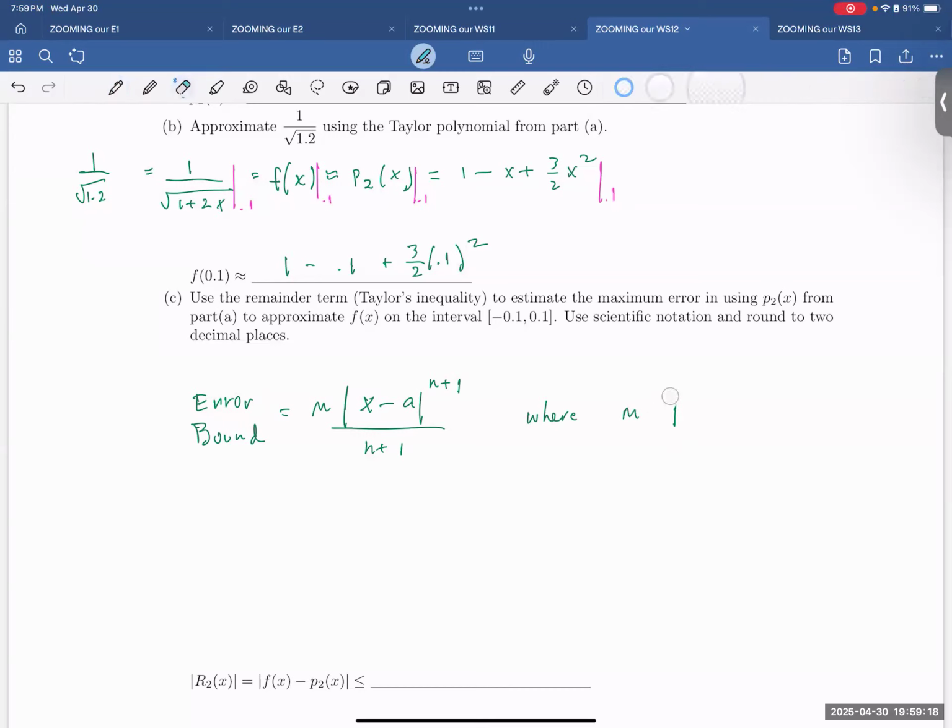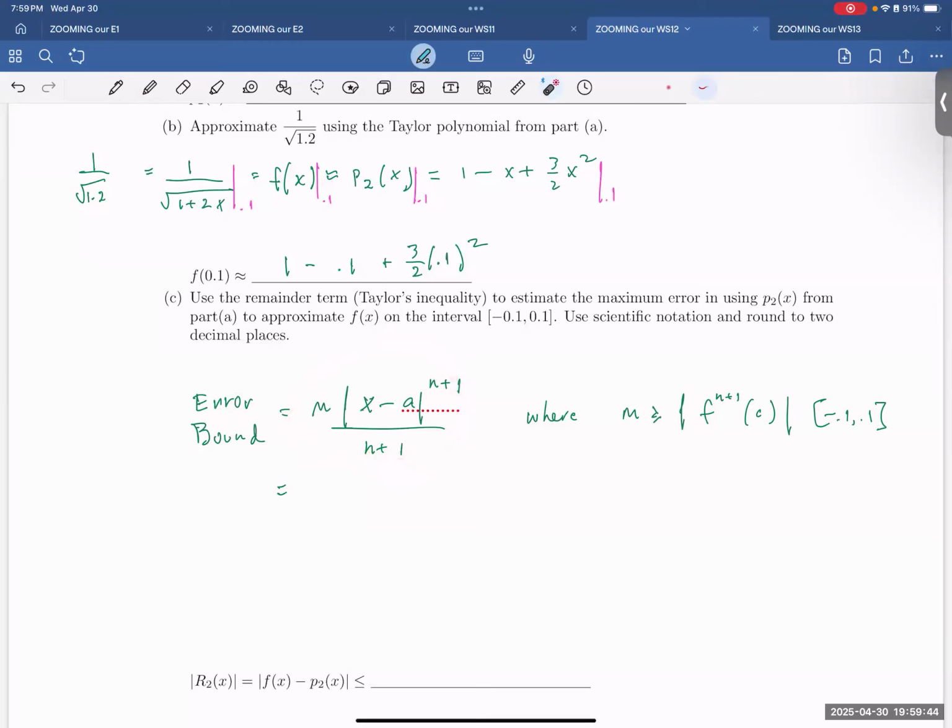We're going to choose M to be bigger than or equal to the size of the n plus 1 derivative on negative 0.1 to 0.1.